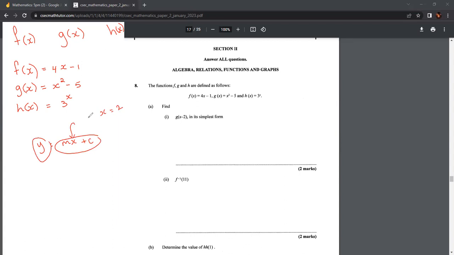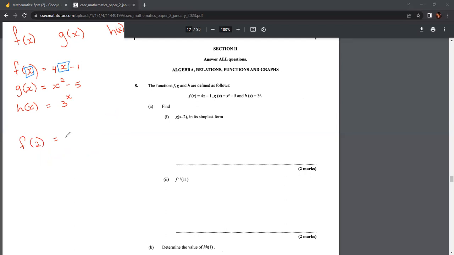What you have to remember is when it comes to functions, it's the same concept. So let's say they told you f of 2. This simply means wherever I have x, I am going to substitute 2 in it.